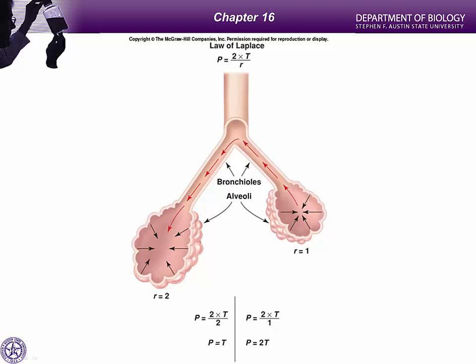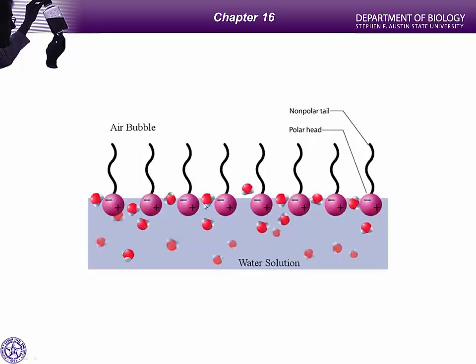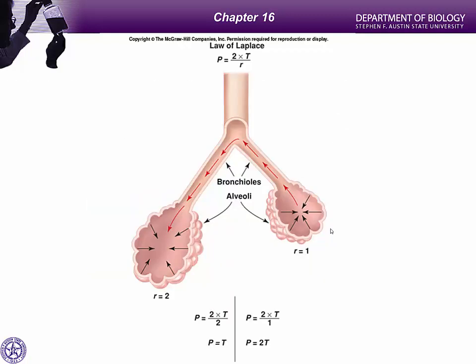Well, as surfactant is produced and secreted into those alveoli, it coats the alveoli and the alveolar ducts. What we're going to see is those amphipathic molecules, with the charged head and the hydrophobic tails, intersperse themselves between the water molecules and essentially negate the surface tensional forces. Let's look back at the law of Laplace really quickly.